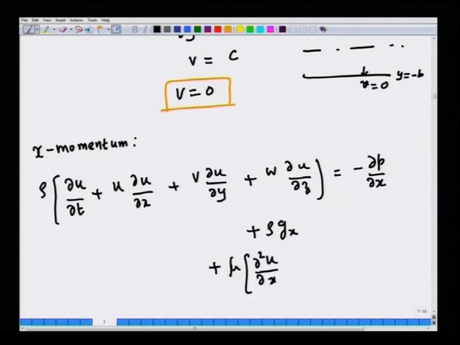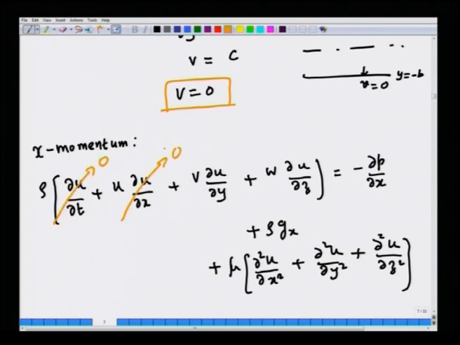Mu times the Laplacian of the x component of velocity. Now, this is the x component. So, let us simplify this by invoking the assumptions. The flow is steady, this is 0. Flow is fully developed, this is 0. There is no y component of the velocity, this is 0. There is no z component of the velocity, this is 0.